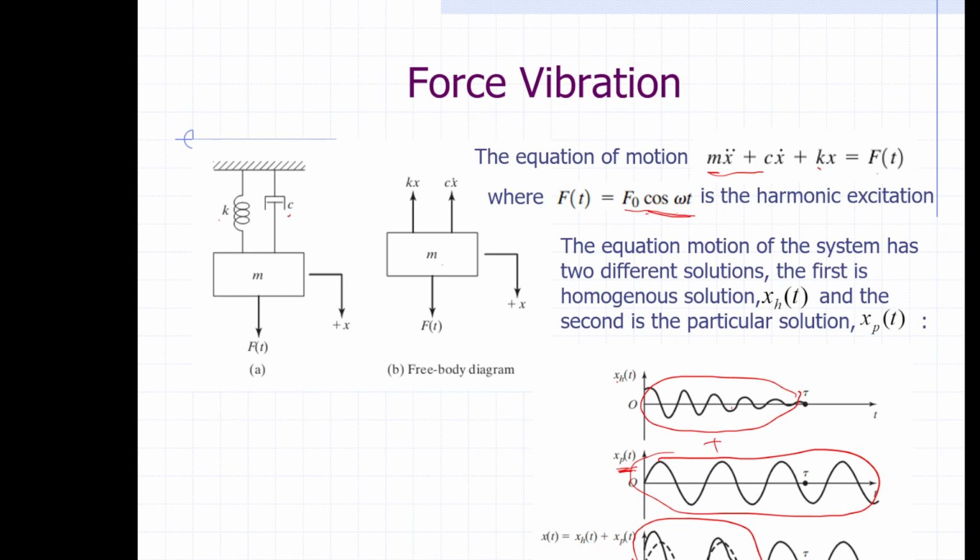But after that, the homogeneous part dies out. Then what remains is the same as the particular solution, right? That's why I usually say the steady state actually is the particular solution.